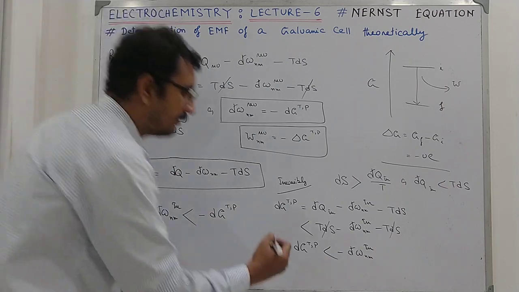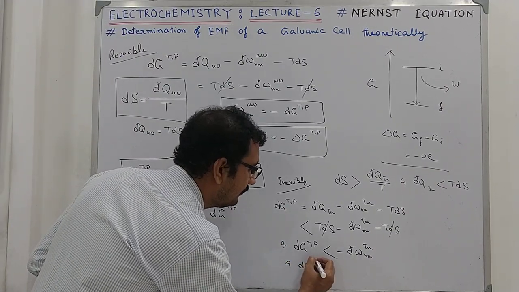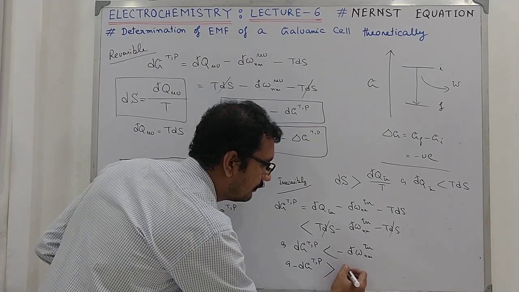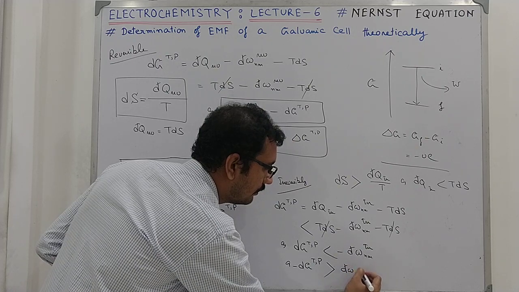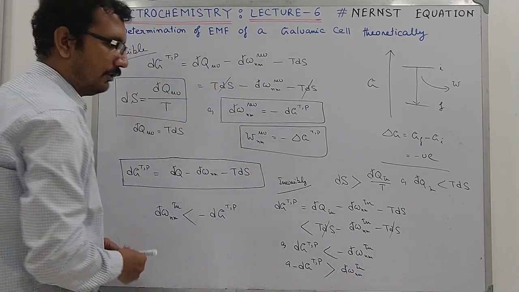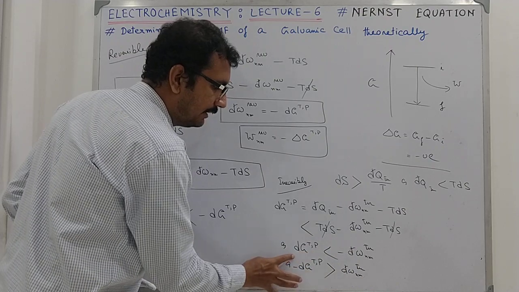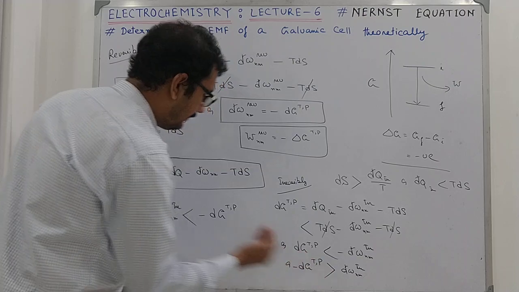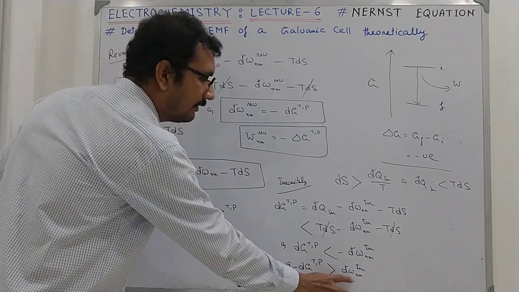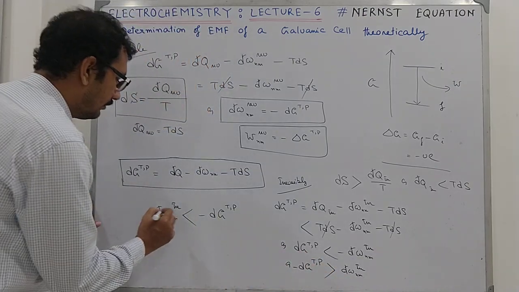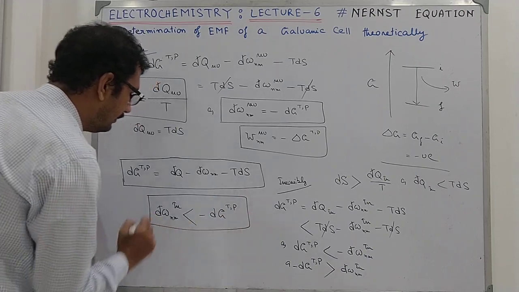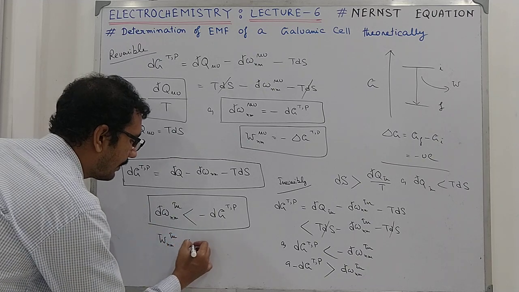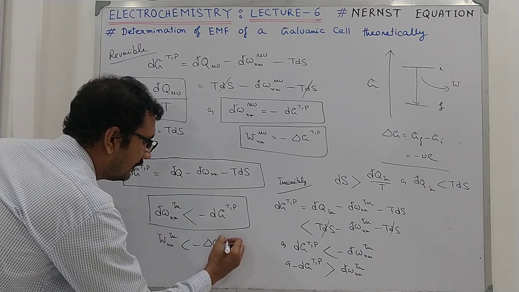If you have any problem, just write it down for a moment. When you put minus here, it will be greater than here. So when you multiply both sides by minus 1, you get this relation. I am writing this in this form, taking the right hand side and the left hand side. So this is the relation for the irreversible process, and for the reversible process, it will be minus del G at T, p.